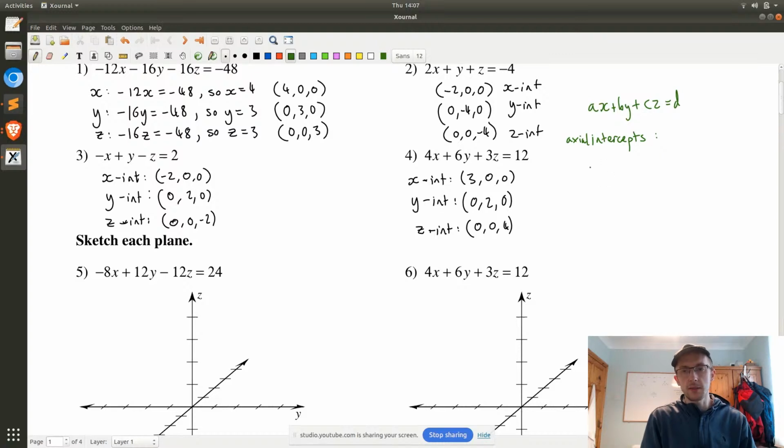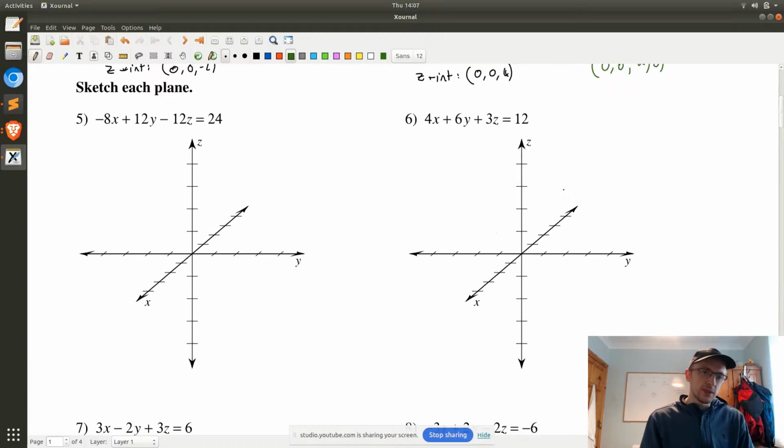The axial intercepts of the plane: x-intercept, y-intercept, z-intercept.